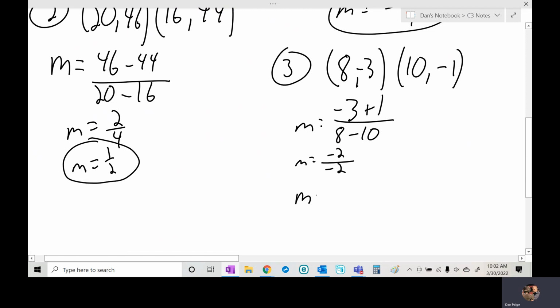Negative 2 over negative 2. You guys know what that becomes? Yeah, positive 1. You could write it as 1 over 1, or just positive 1. So one thing to know: if you have a numerator and denominator that are both negatives, then it becomes positive, because a negative divided by a negative is a positive.